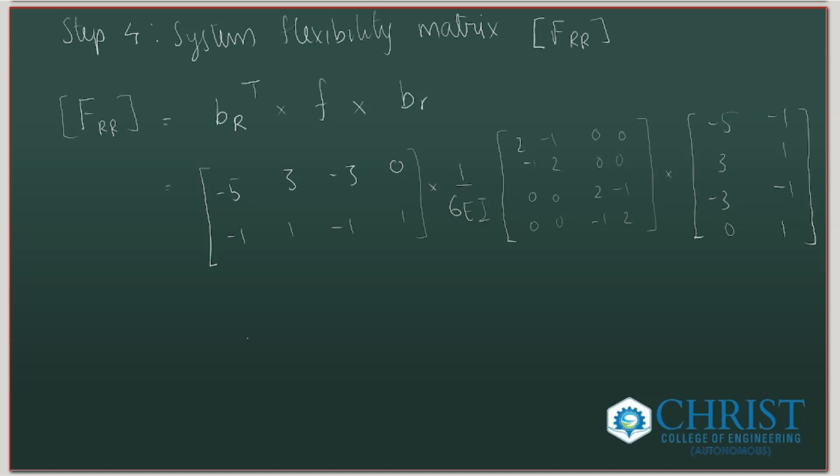On solving this, we get the value of our system flexibility matrix as 1 by 6EI [152, 51; 51, 24].